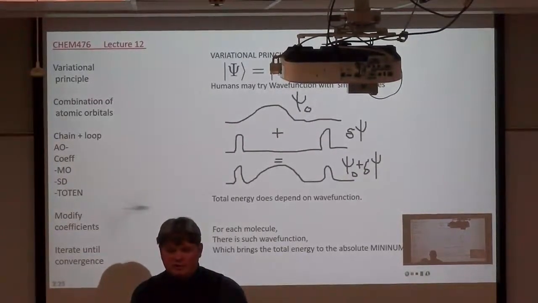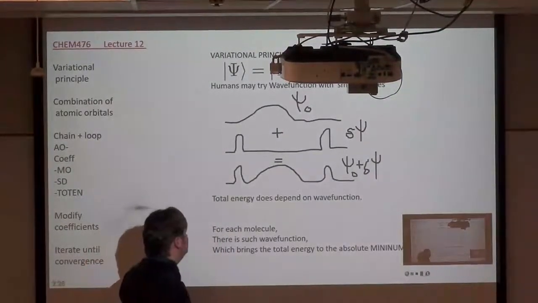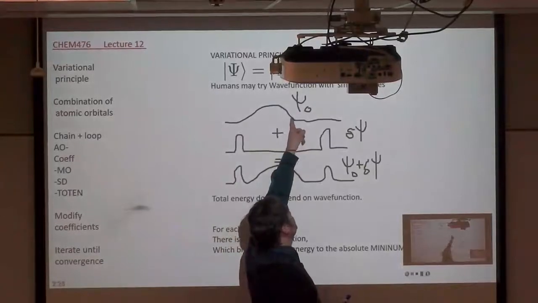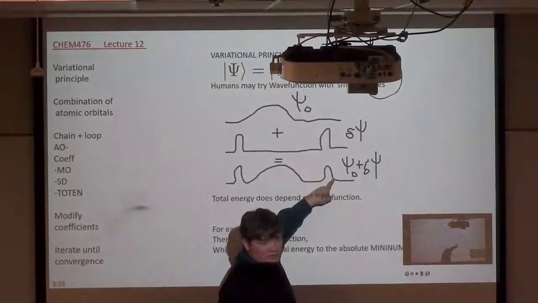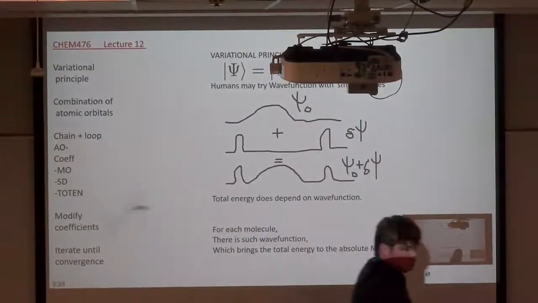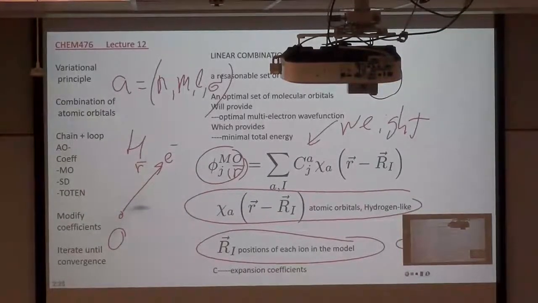We need a criterion to say whether our solution is good enough. And there is a theorem that if we deviate from the ground state to some non-ground state, the energy will always be bigger. And this formulation is needed.